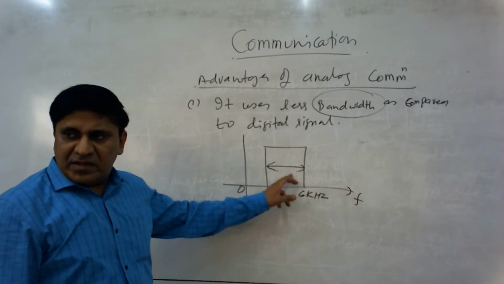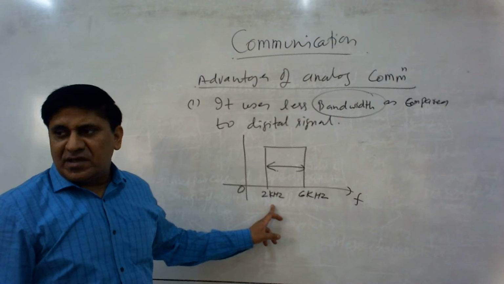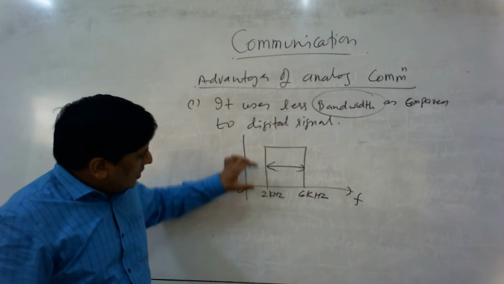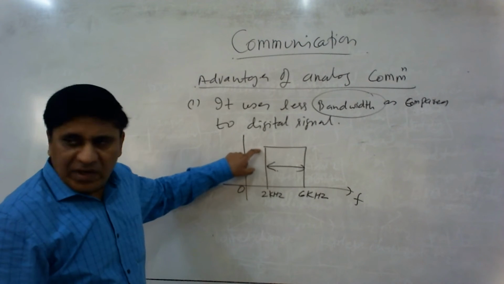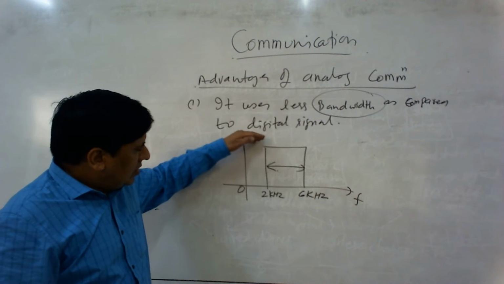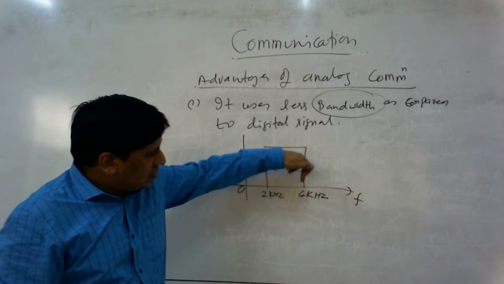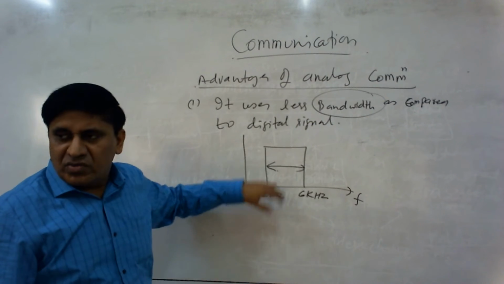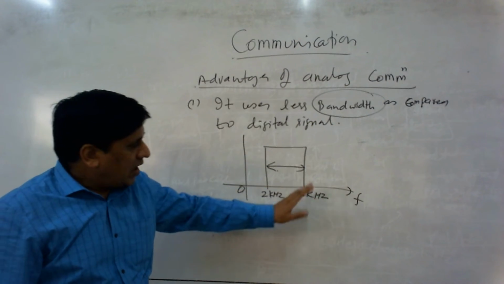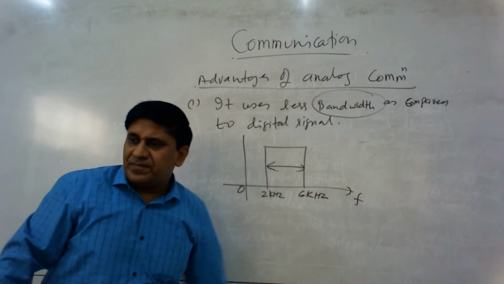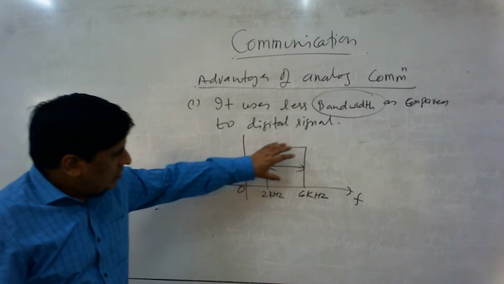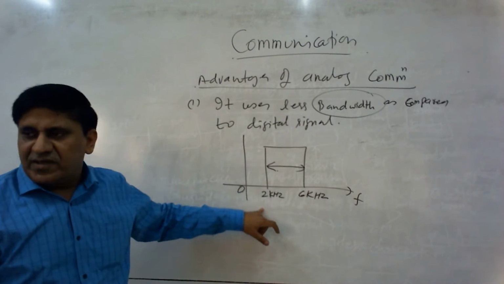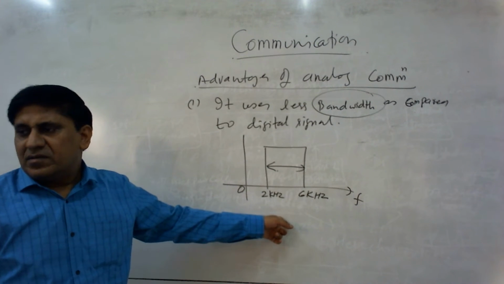So bandwidth is 6 minus 2 kilohertz, that is 4 kilohertz. It starts from 2 kilohertz and goes till 6 kilohertz, it has the peak from 2 kilohertz to 6 kilohertz. After that, the signal is 0. So 6 minus 2, that is 4 kilohertz, is called the bandwidth.